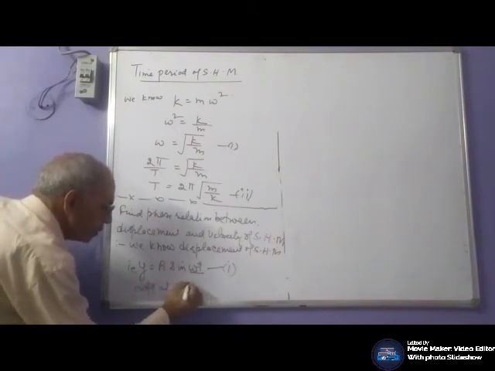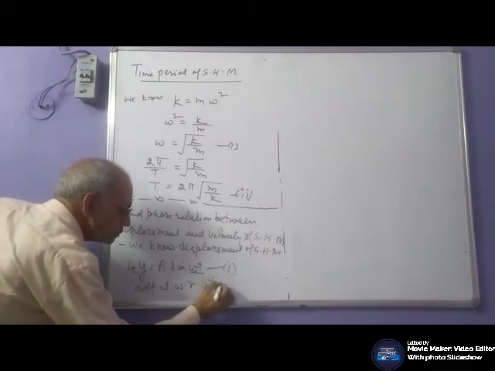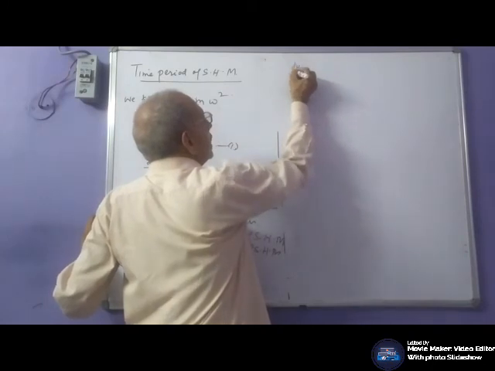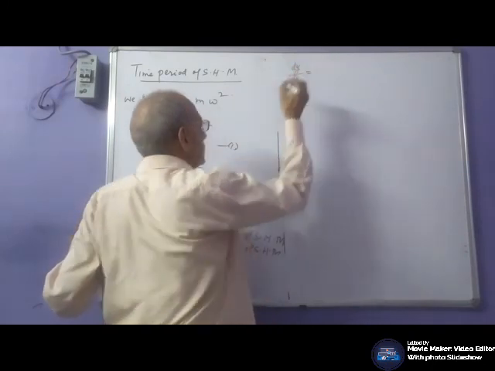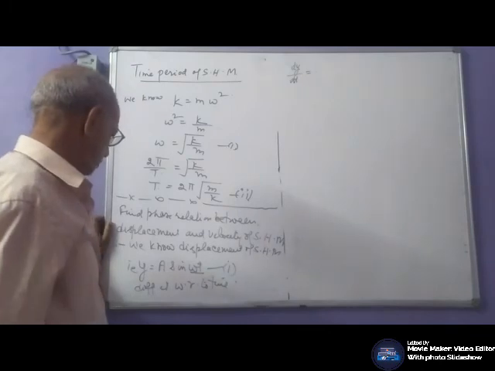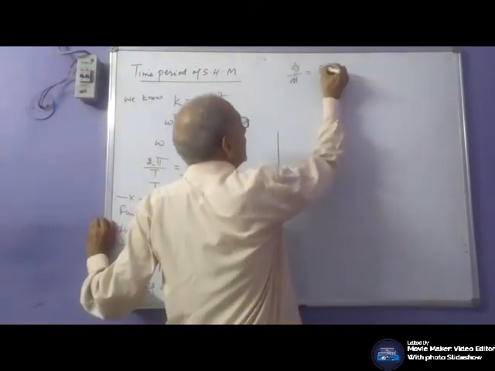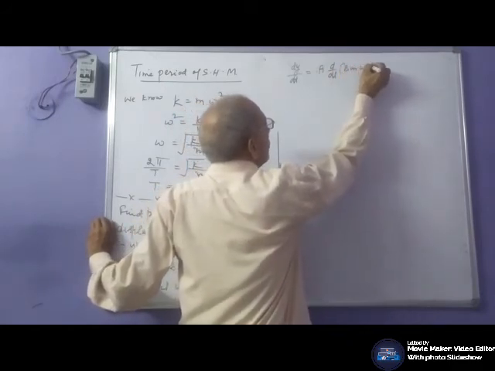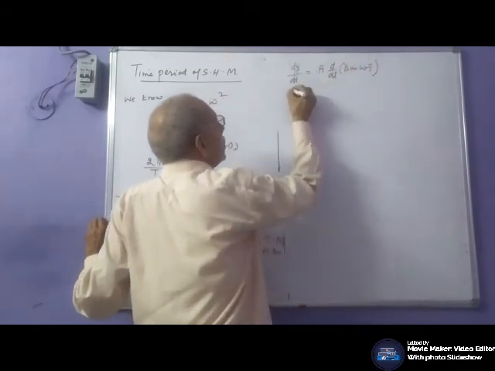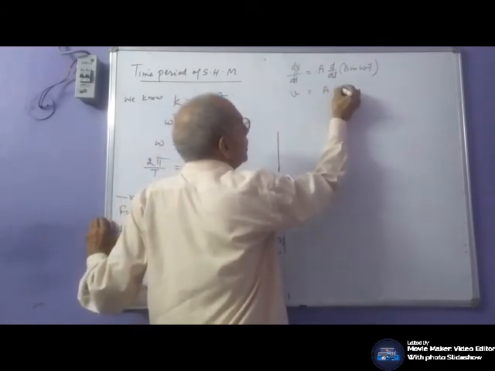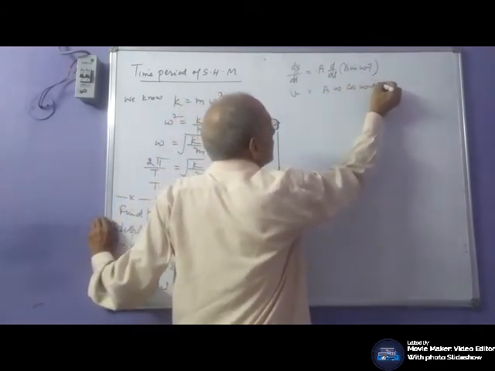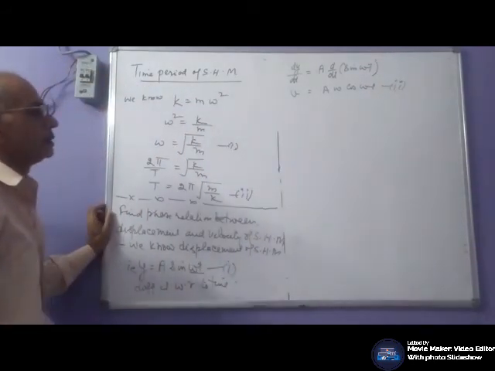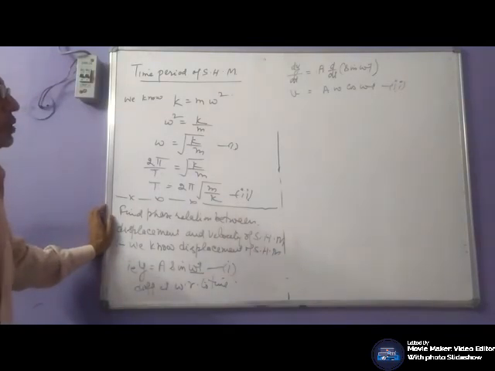Differentiating it with respect to time, dy by dt, A constant outside, d by dt sin omega t, or we get A omega cos omega t. Velocity. This is not phase.